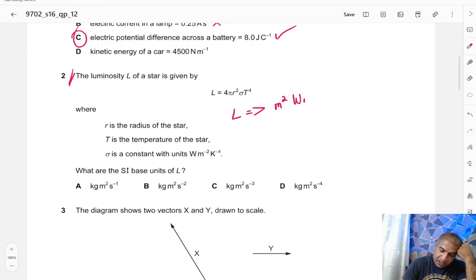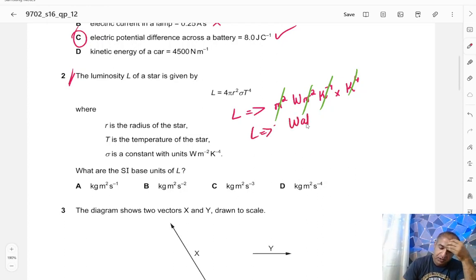Sigma is watt per meter square multiplied by k raised to power minus 4, multiplied by the temperature raised to power 4, which is Kelvin raised to power 4. So we can see that these cancel out very simply. We are left with the units of L, which are going to be watts.